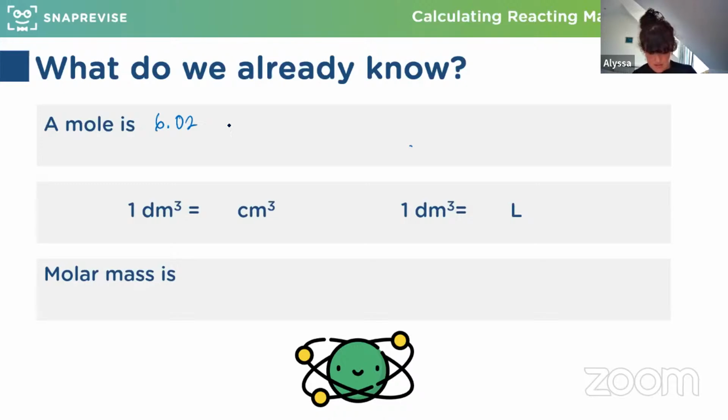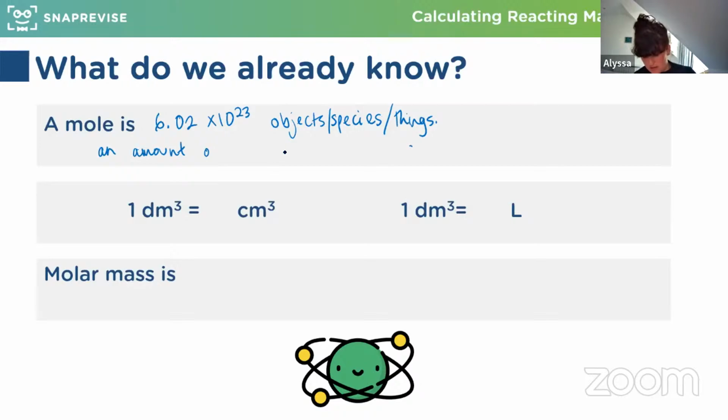6.022 times 10 to the 23 objects, species, things. A mole is an amount of substance that has that many, Avogadro's number, of things.